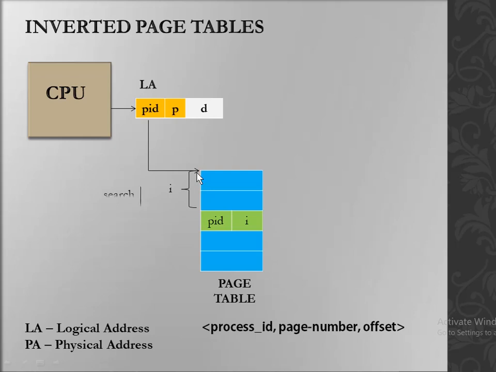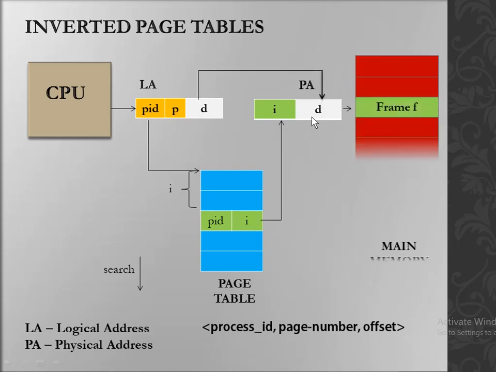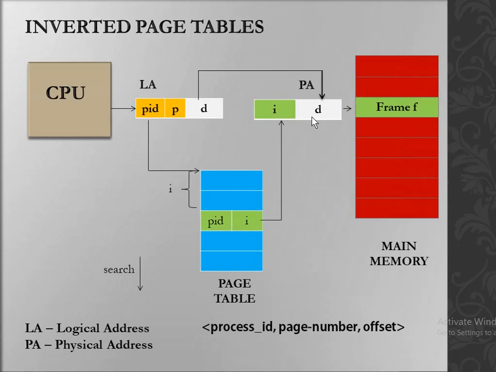By searching from top to bottom in the page table, you can identify this process ID and P, then you can identify the frame number, and by adding this frame number with the D value, that is the page offset, you can identify the frame F. So this is the inverted page table. The inverted page table is also called the modern page table.